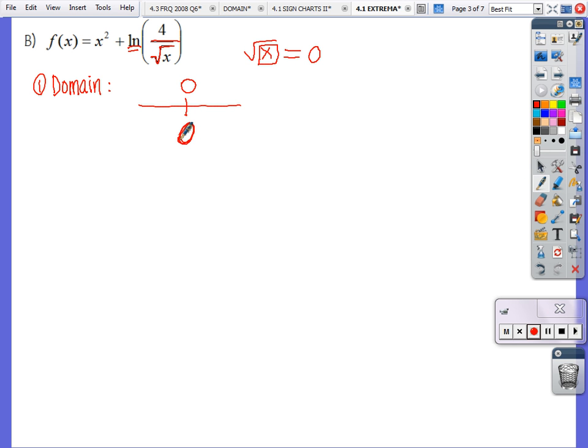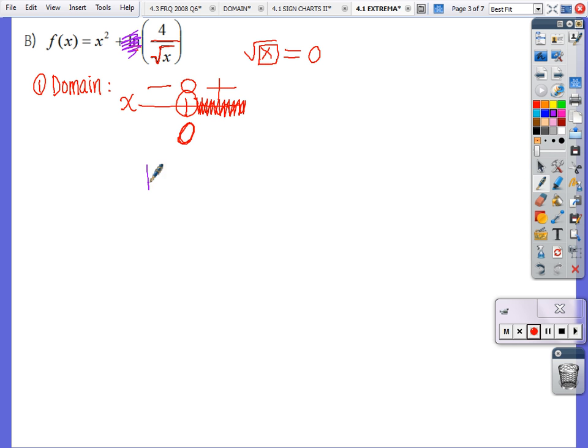We're going to put the values here into just x. And so this would give me negative values, this would give me positive values. So if I'm really looking at the square root of x, you're allowed to use positive values and 0. The reason why I'm not going to use 0, it would cause the fraction to be undefined. So far, just with that piece, that's the domain of just 4 over the square root of x.